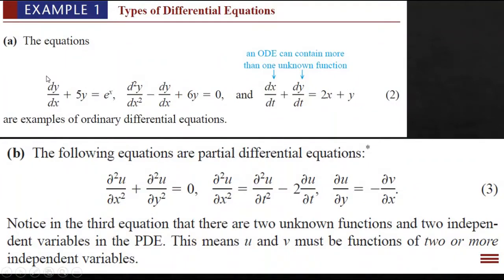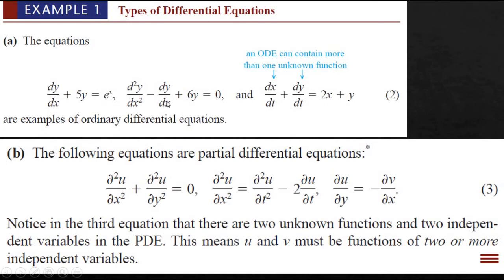In the first example, you see dy over dx plus 5y is equal to e to the power x. This is an ordinary differential equation. Why? We have the dependent variable y and the independent variable x, so we just have derivatives with respect to x.